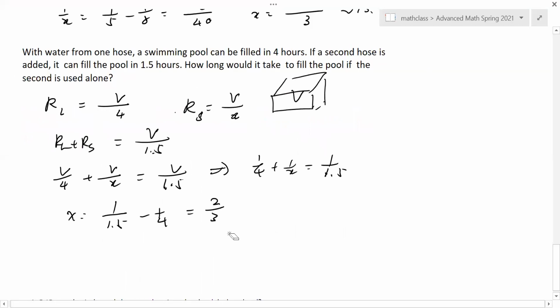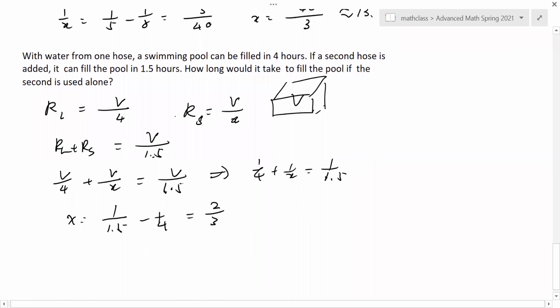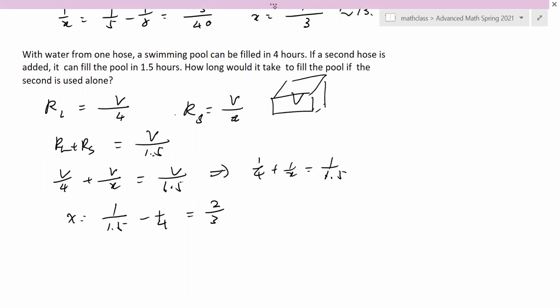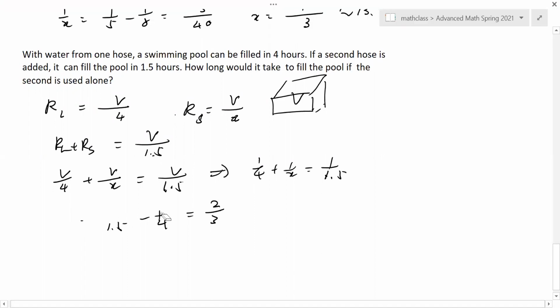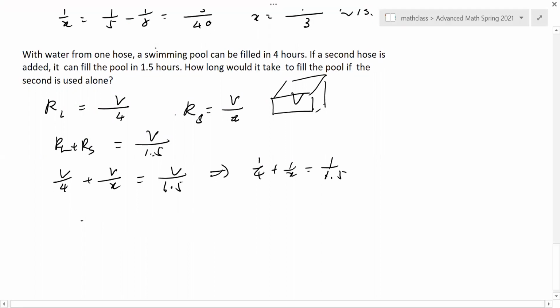All right, now you can solve for X. Let me redo it. You get this equation and the V cancels out. 1 over X equals 1 over 1.5 minus 1 over 4.